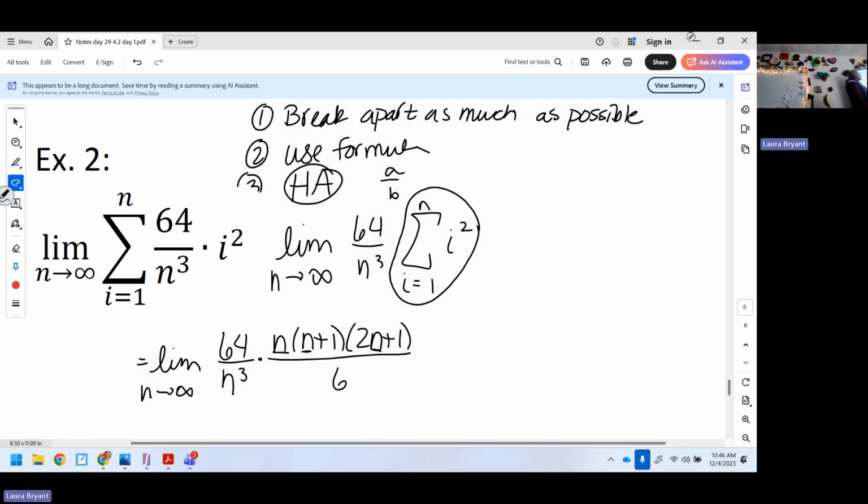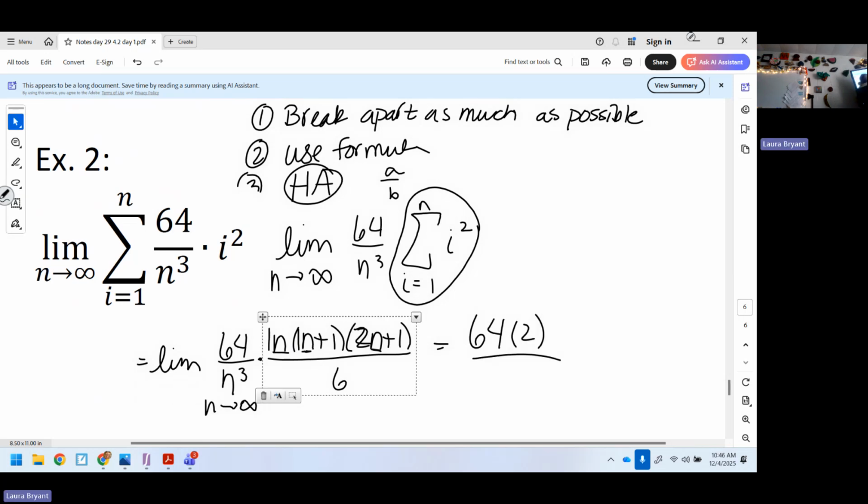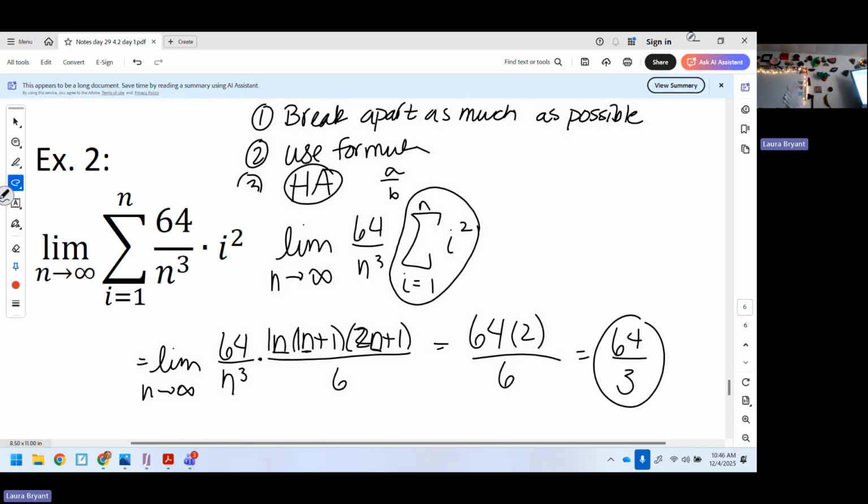Then I look at the coefficients: 1, 1, and 2, and the 64 up front, so I'd have 64 times 2. On the bottom, my only coefficient is a 6. I could have made that 128, but let's cancel the 2's out.